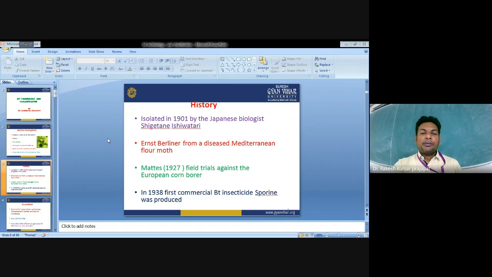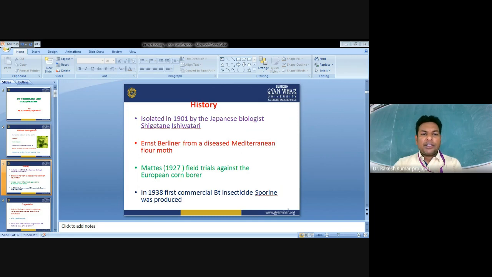Talking about the history of Bt, it was isolated in 1901 by the Japanese scientist Shigetane Ishiwata, who discovered this bacterium. It is very common and is found in different environments, including soil and desert.